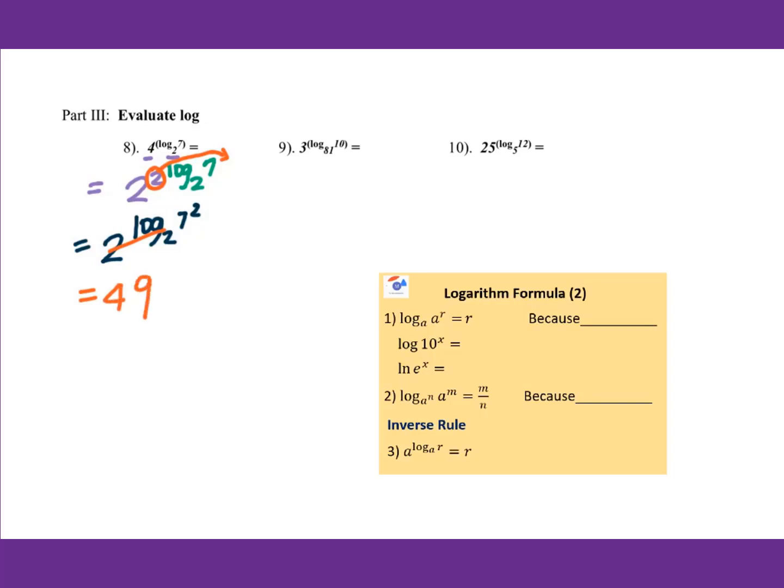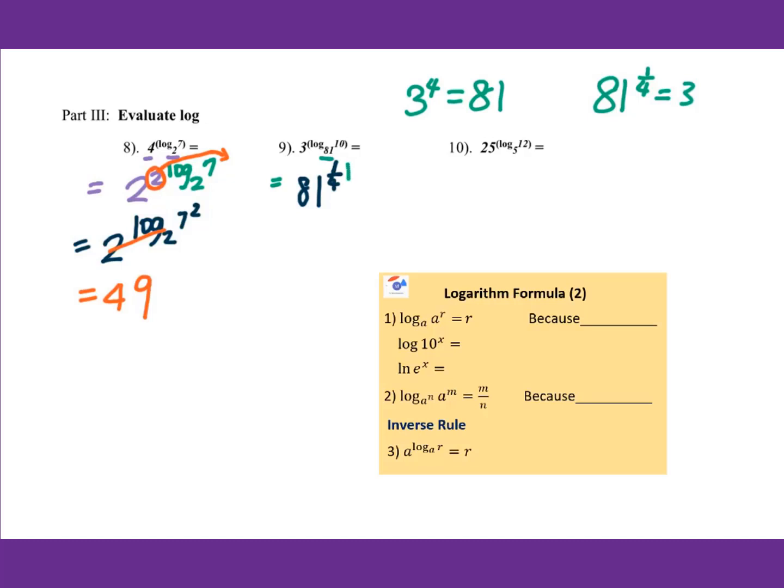For number 9, you have to change 3 into 81. 3 to the fourth power equals 81, which means 81 to the 1 over fourth power equals 3. Therefore, 3 I will turn into 81 to the 1 over fourth power.